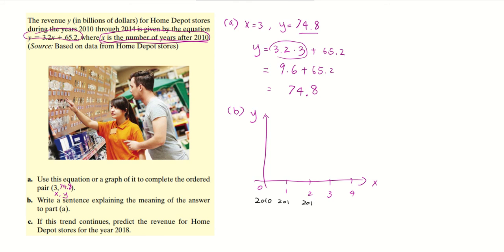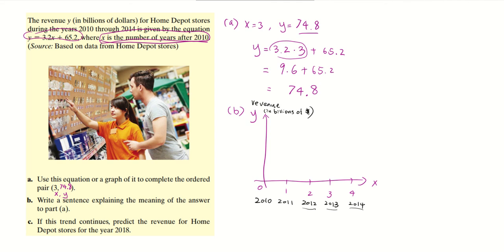So here's 2011, 2012, and 2013, and 2014. So 2011 is 1 year after 2010, then 2 years after 2010, 3 years, 4 years. All right. And now the y is the revenue in billions of dollars for Home Depot stores.